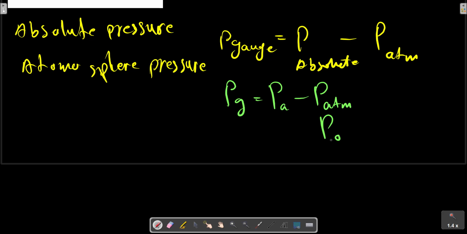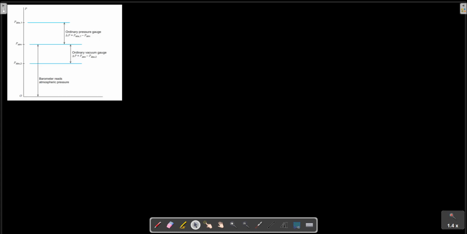This is where the pressure gauge is shown also in this picture. It is shown graphically in this picture that we have the absolute pressure, and the ordinary pressure gauge reads the difference from the atmosphere pressure. The following example illustrates the principles.